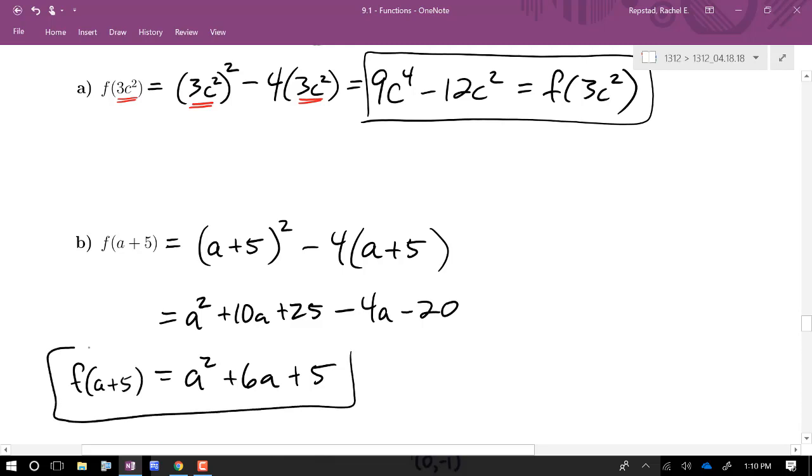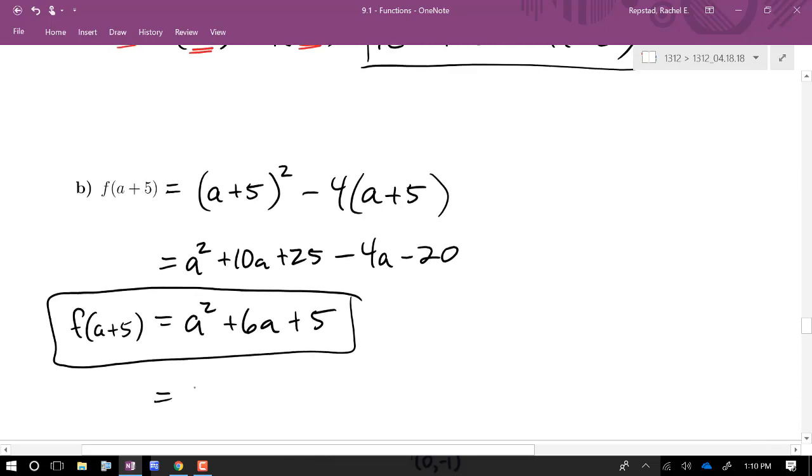I think that will factor, so we could factor it if we like. It would be something like a plus 5, a plus 1. Right? Do we need to factor? Not unless you're instructed to do so.